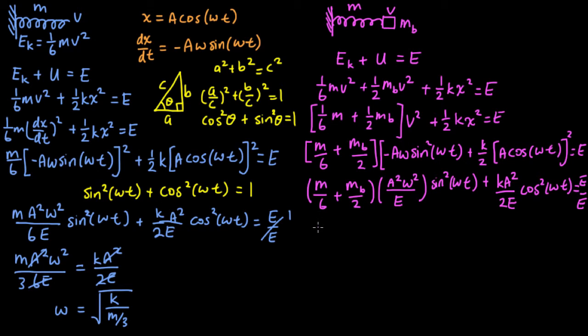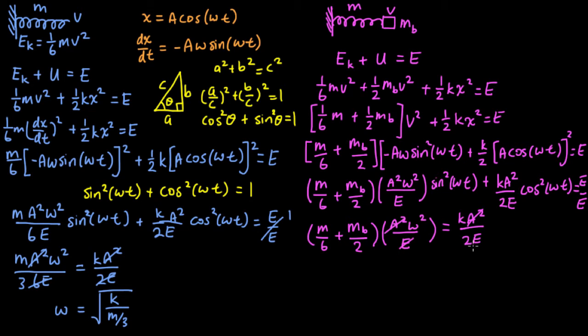So let's write that. m over 6 plus m sub b over 2, times a squared omega squared over E, equals k a squared over 2E. The a squares cancel out.